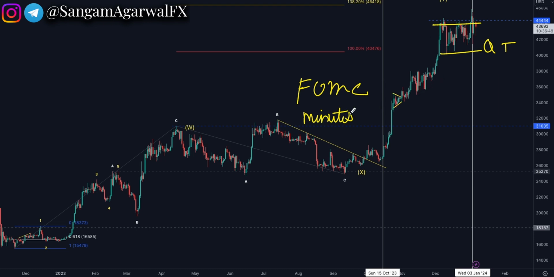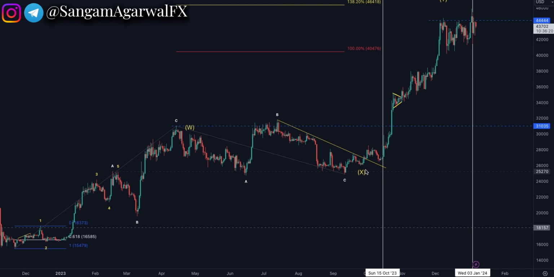Same day, just before the FOMC minutes, because timing is different in every country, but within 24 hours, Bitcoin immediately crashed. And they gave a warning that before a big change in their QT monetary policy, they will tell in advance.